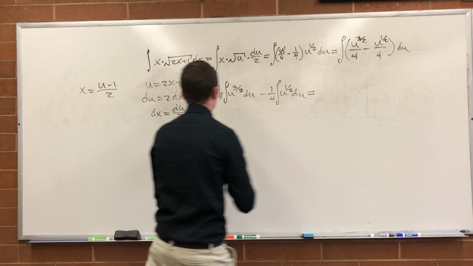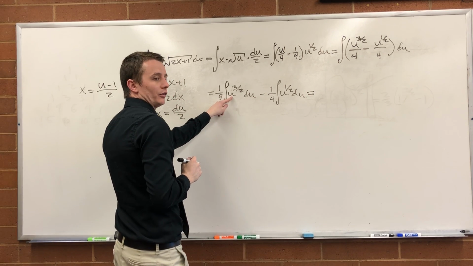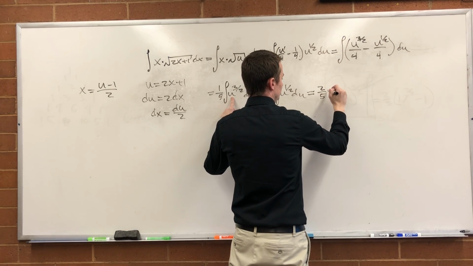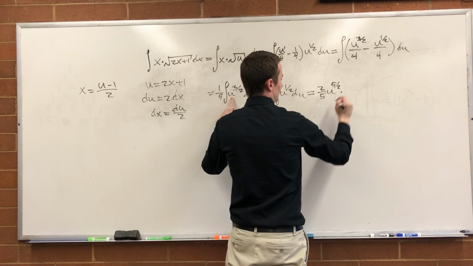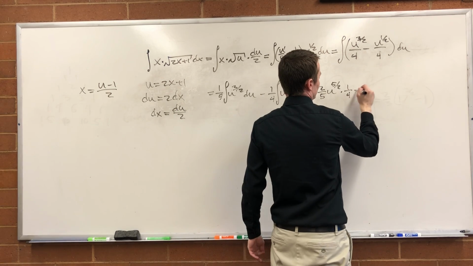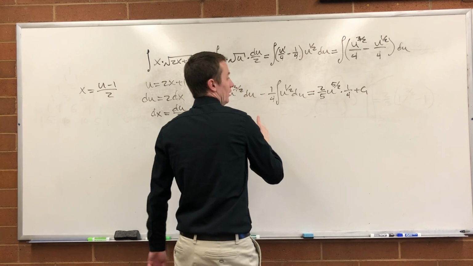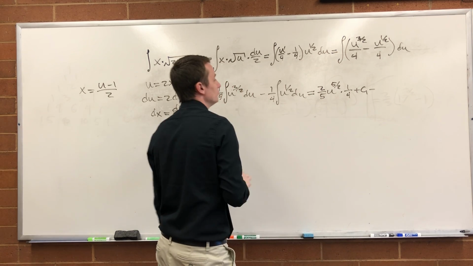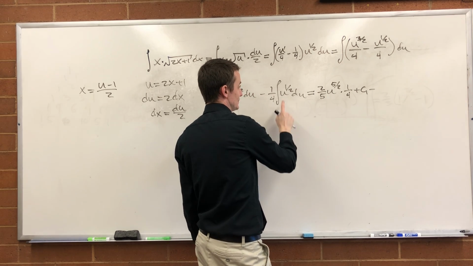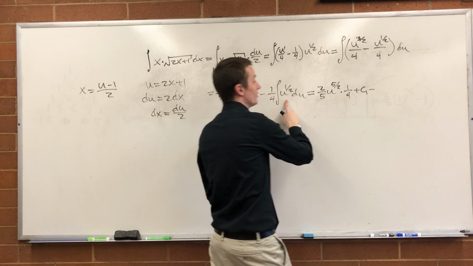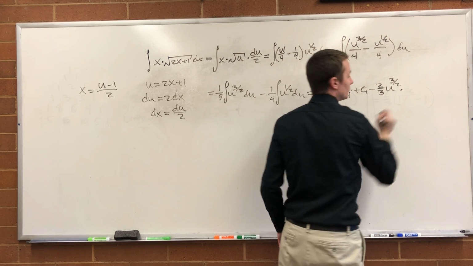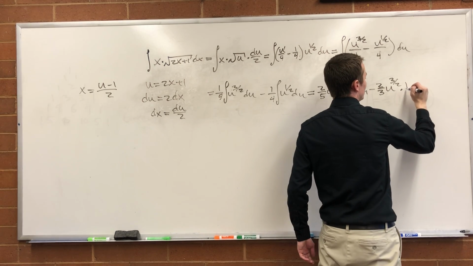So this is equal to the integral of u to the 3/2, which is 2 over 5 times u to the 5/2, and we still have our 1/4, plus some constant, we'll call it C1, minus 2 over 3 u to the 3/2 times 1/4 plus C2.